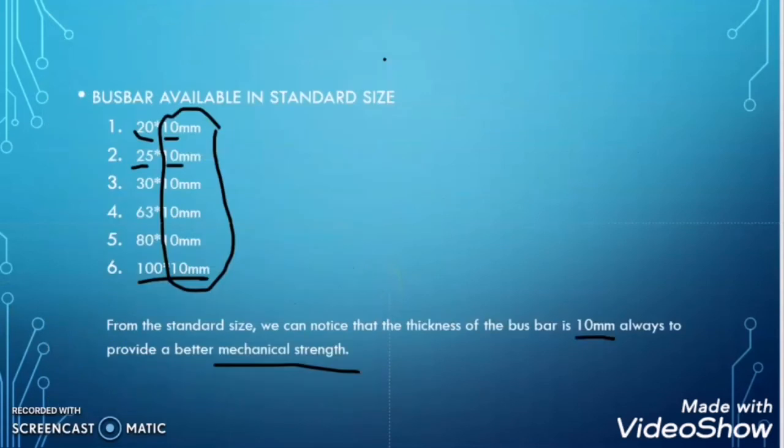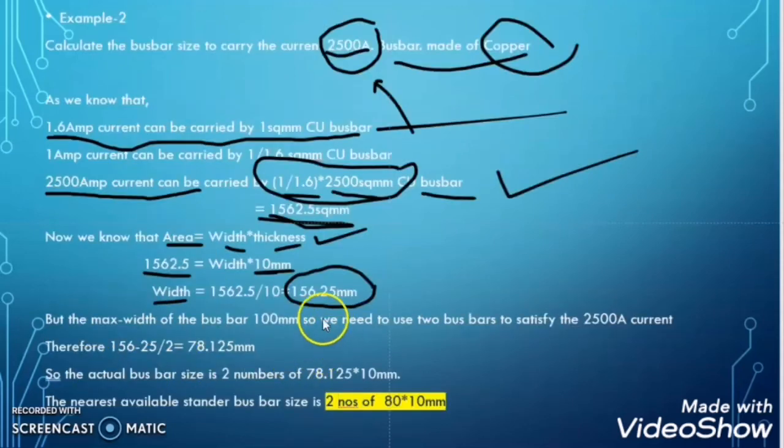But now let us come to our slide. The maximum standard size available is 100, but here we got 156, so this is a very big size. In that case, we have to use two smaller bus bar conductors overlapping each other.